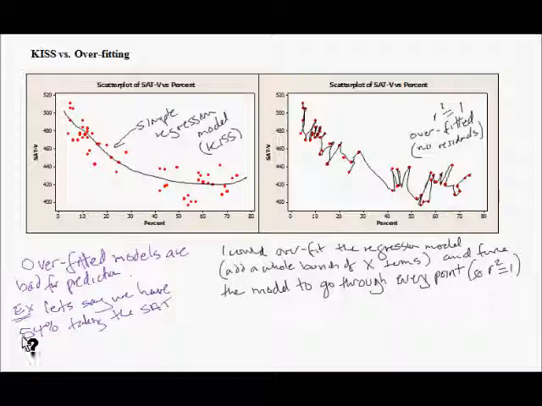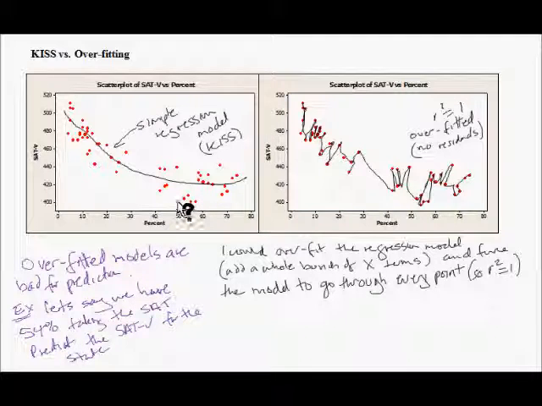We want to predict the SAT verbal score for the state. Well, here, 54 is around here somewhere. Notice what we do here with the KISS. We go up here and then go across. So it looks like the best I can do is somewhere around there, right? In other words, what we're doing is looking at the average of the scores around there and saying what value do we expect.